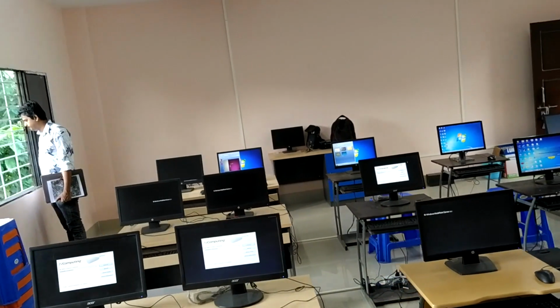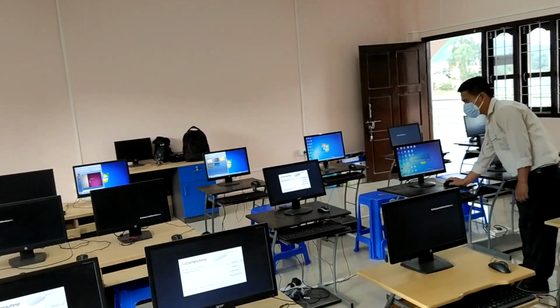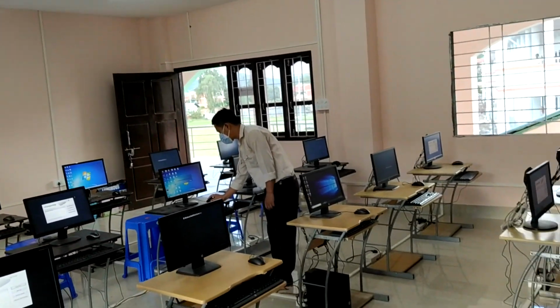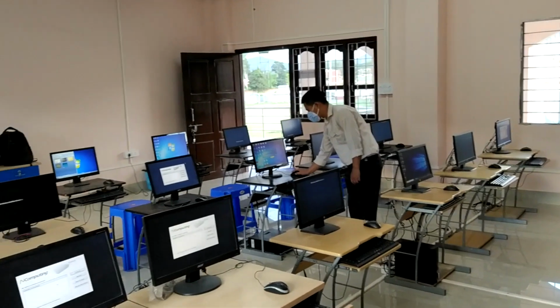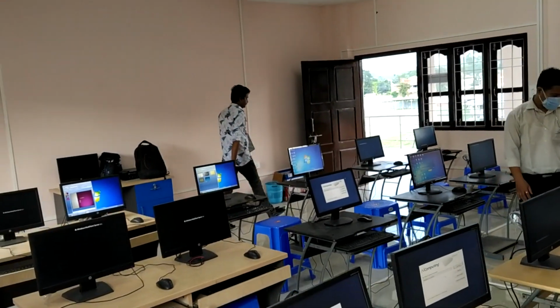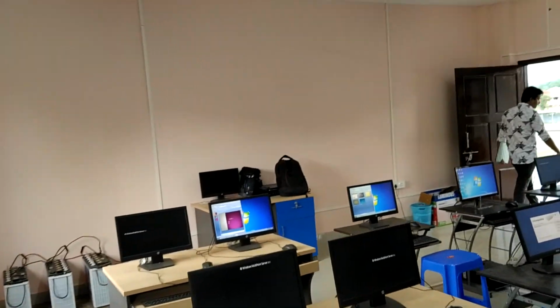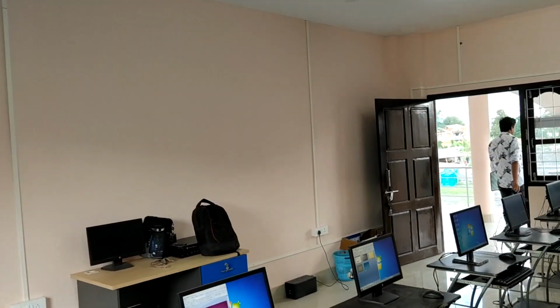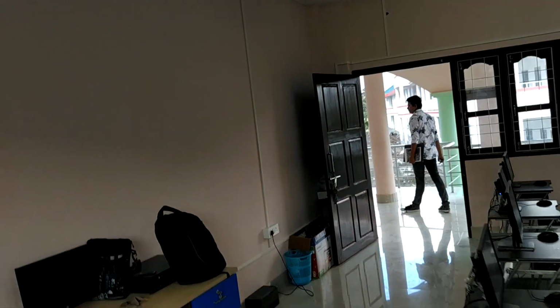More than 20 PCs are there, and space to install more is also amply available. This is the computer laboratory of Ramakrishna Mission School, Uripok.